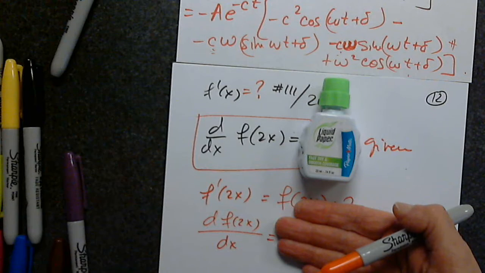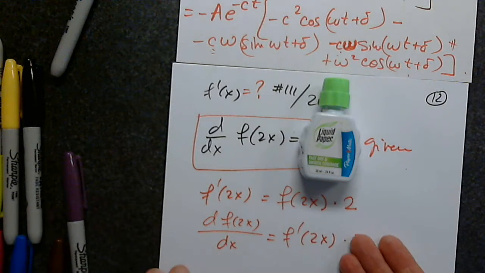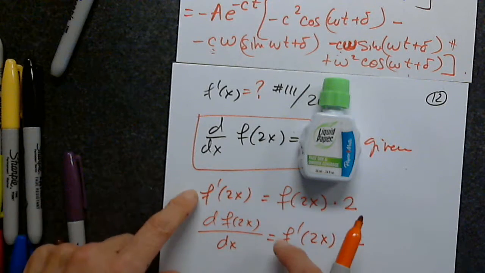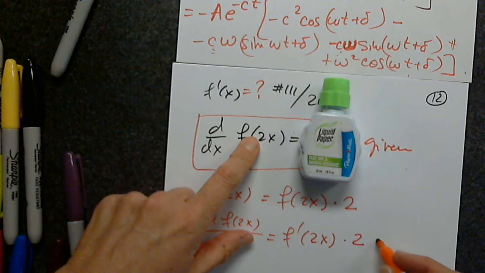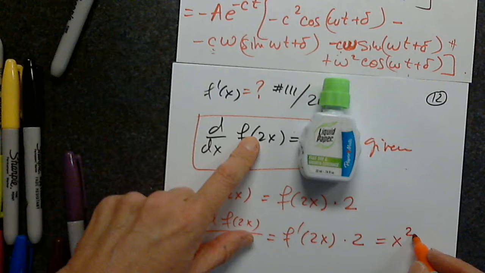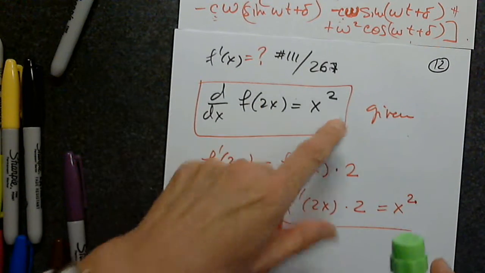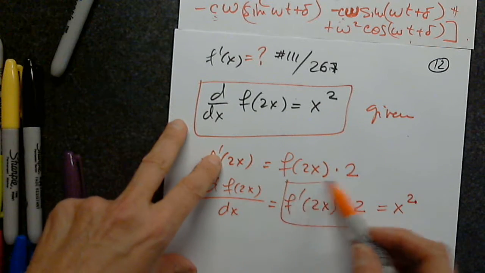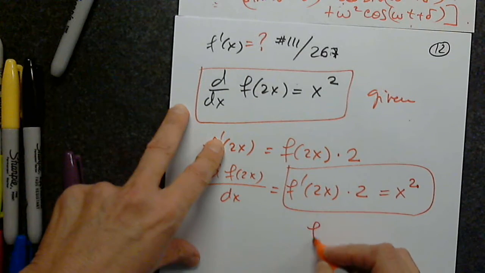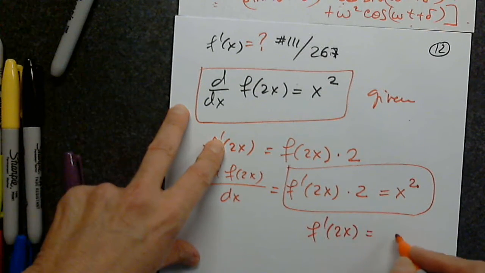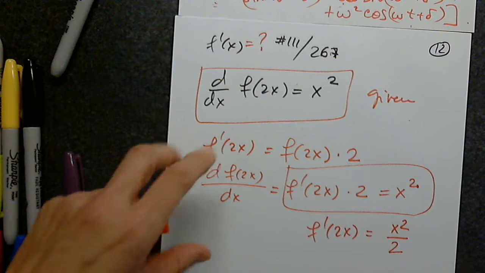So I have to differentiate the outer function first, and then differentiate the inner. Is this clear? I am also told that this piece equals x squared. So from here, because that's what I'm told, this is given to us, right? So f prime of 2x equals x squared over 2.